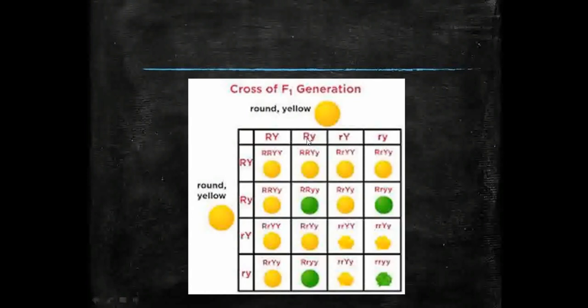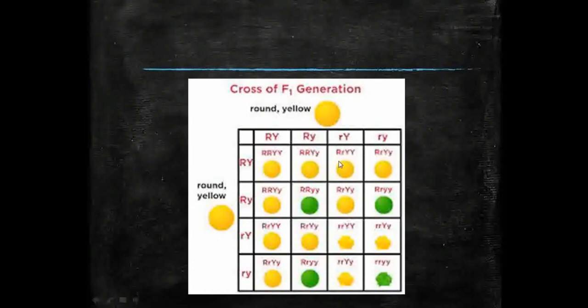Here there is capital R, but Y is capital Y and this is small y. So there will be a combination of these two, and we will get capital R, capital Y, and as it is dominant, we write it first and then small y. So we again get a round and yellow seed.